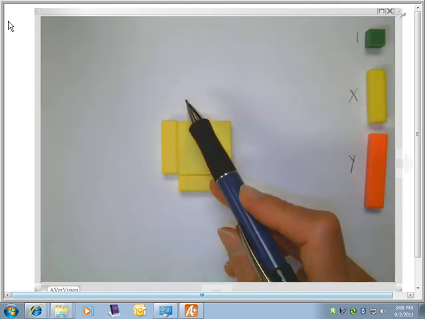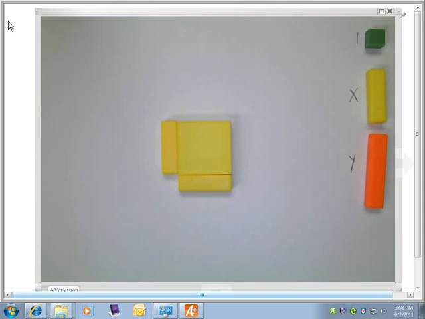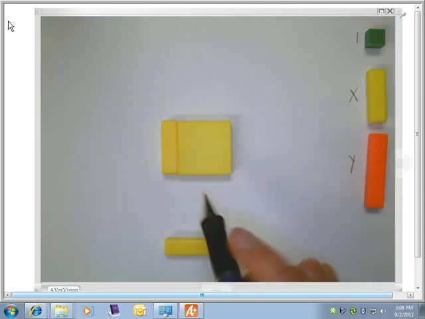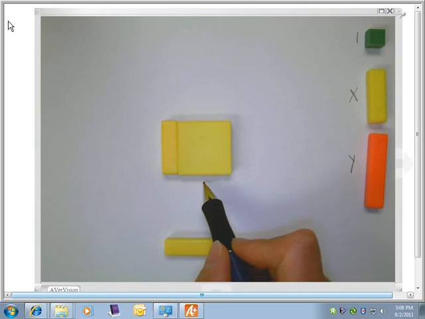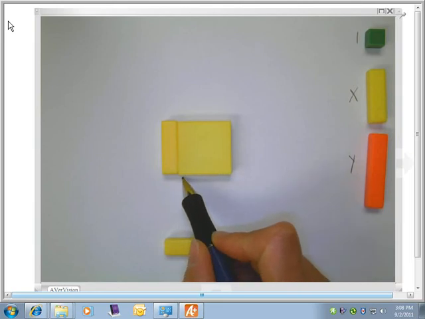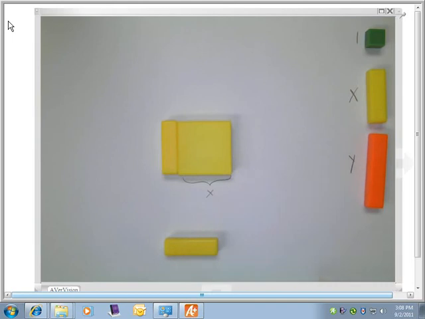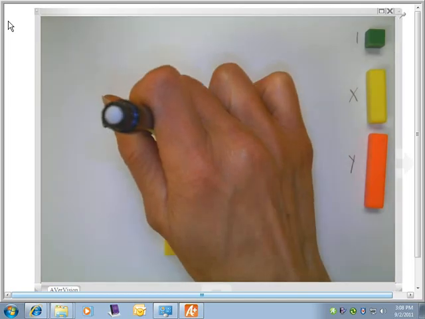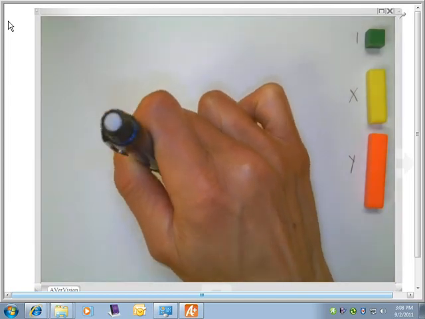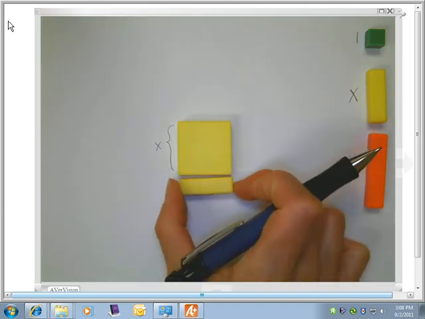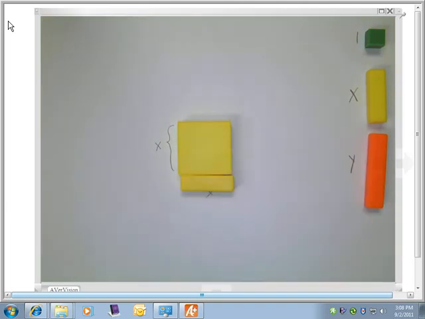So I know that this side has the value x and I know this side has the value x, right? Because we said that was the length of x and that was the length of x.